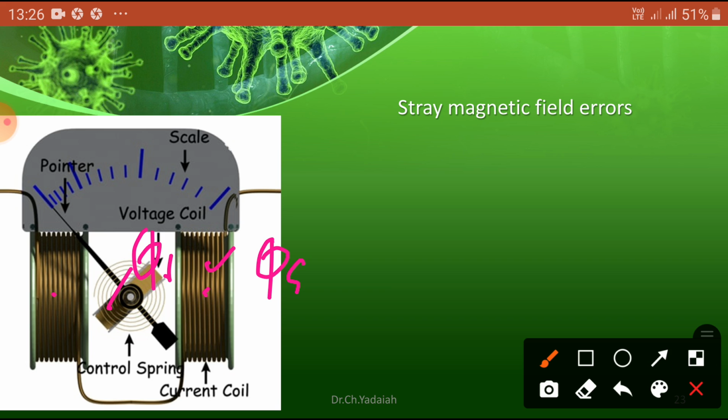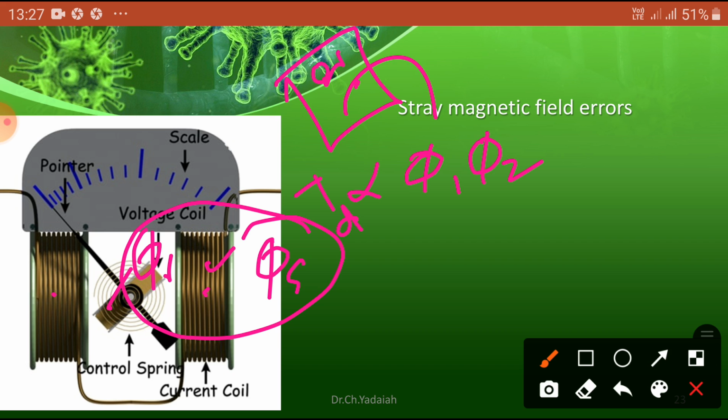From the interaction of these two magnetic fields, a torque is developed. The torque is directly proportional to phi 1 and phi 2. If another magnet with north and south poles is placed near the instrument, it affects the torque, it is a phi 3, and then automatically this value changes.